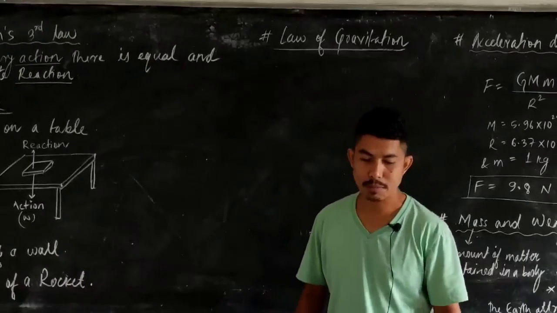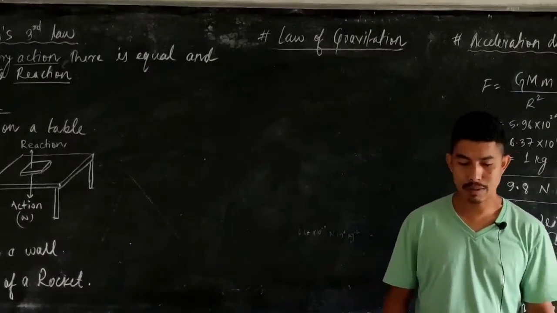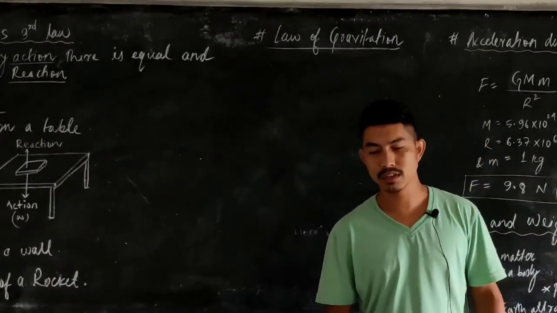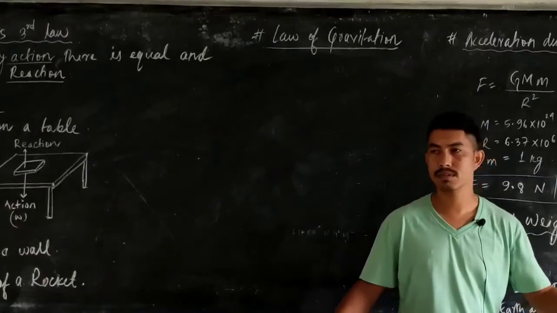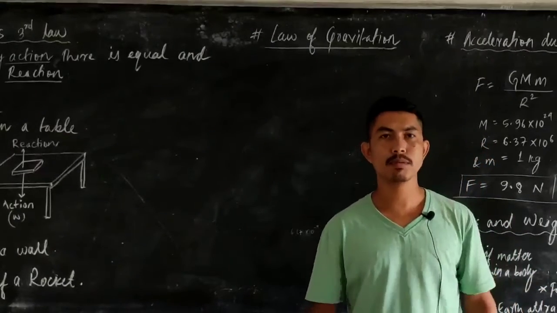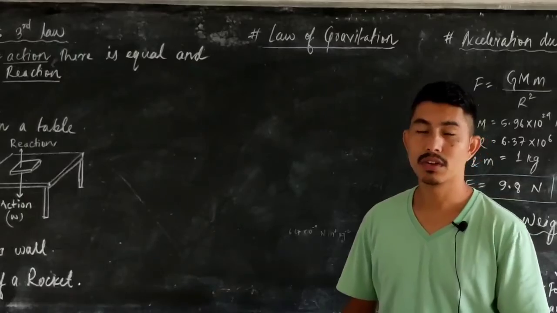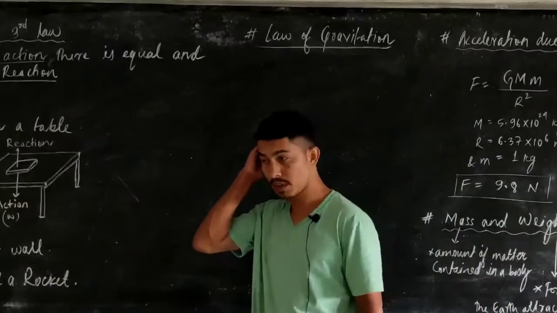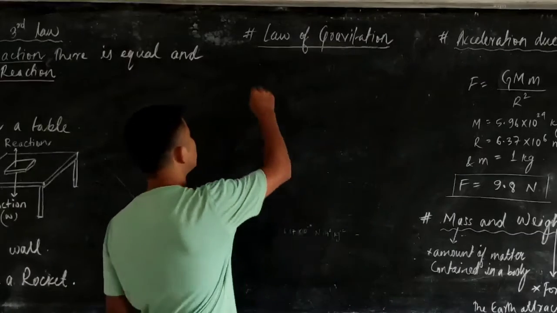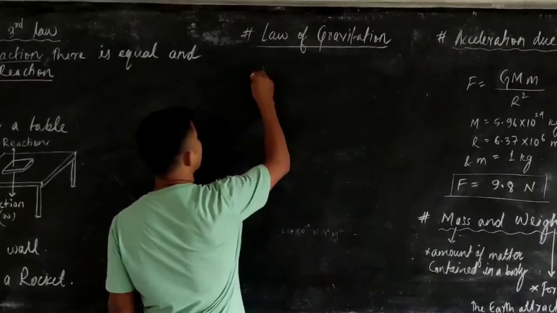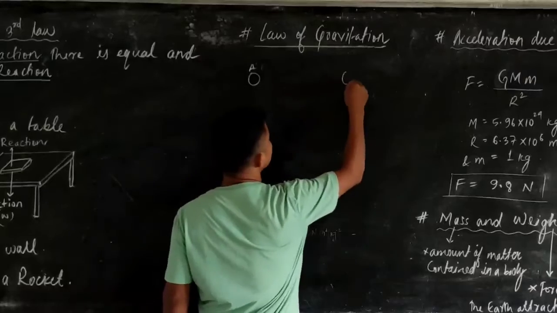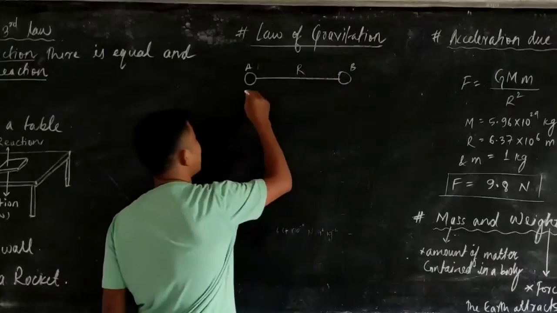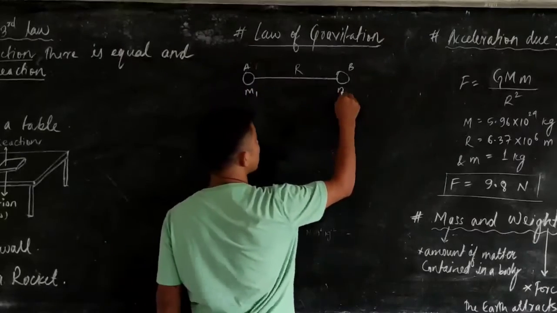After Newton's third law of motion, we have another important topic, which is known as the law of gravitation. The law of gravitation tells us that whether two bodies are the size of planets or maybe subatomic particles, irrespective of their charges, they always attract one another. Suppose we have two bodies A and B separated by a distance r, with masses m1 and m2.